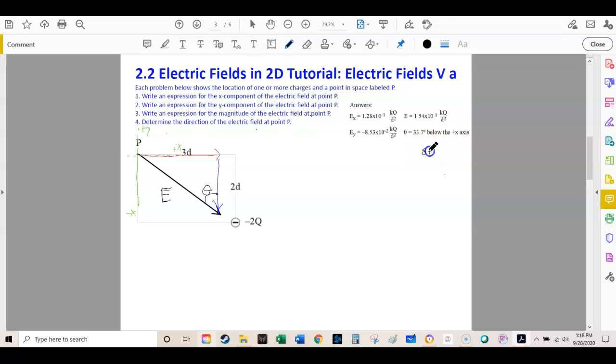We know cosine of theta is equal to the adjacent side of the angle divided by the hypotenuse, which is going to be E cosine of theta.